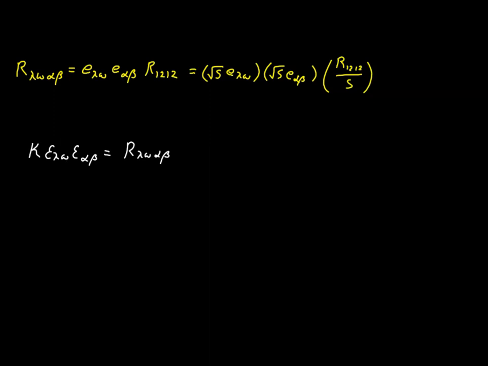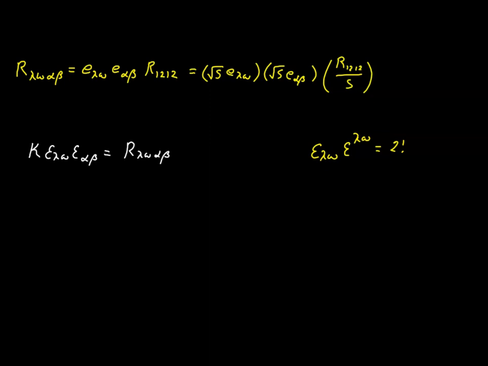Okay, well, now you'll remember that expressions like epsilon lambda omega times its counterpart with the indexes in the upper position is equal to 2 factorial. So if we multiply both sides of the equation here with the counterparts with the indexes in the upper position, we're going to introduce a factor of 4.